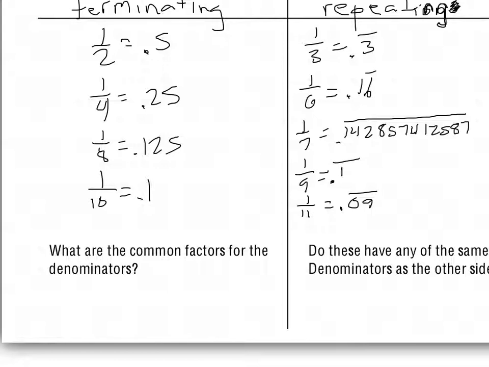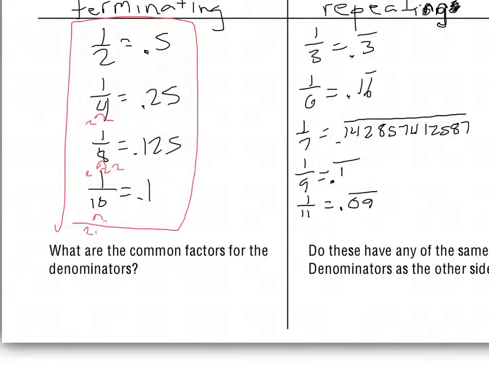It says, what are the common factors for the denominators here on the terminating side? So if we start breaking these down into the factors, this is going to be 2 times 2. This is going to be 2 times 2 times 2. This one's going to be 2 times 5.